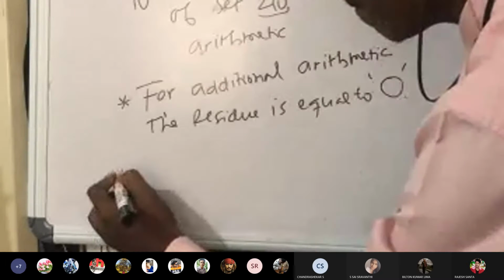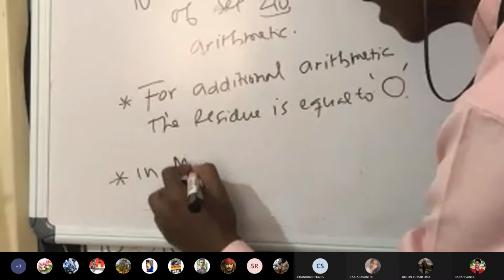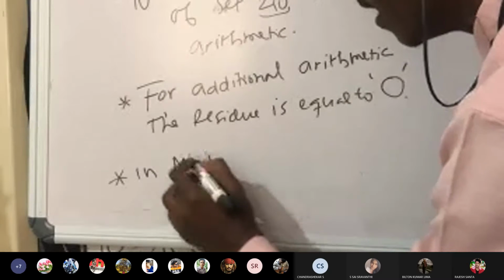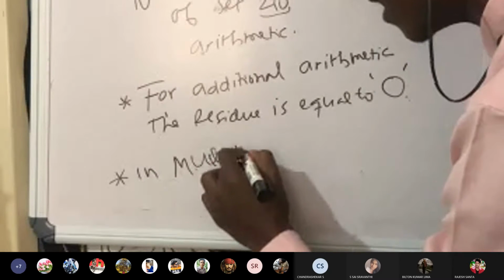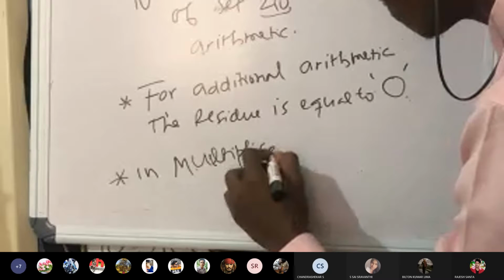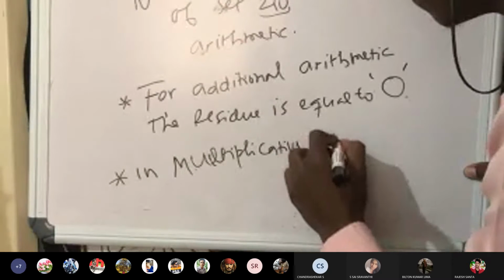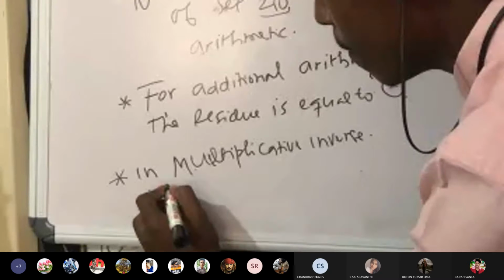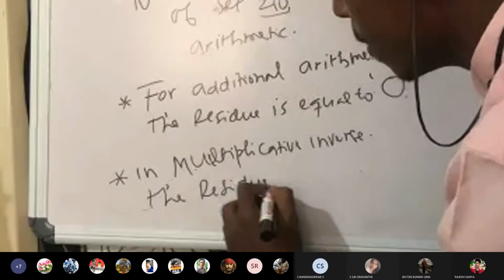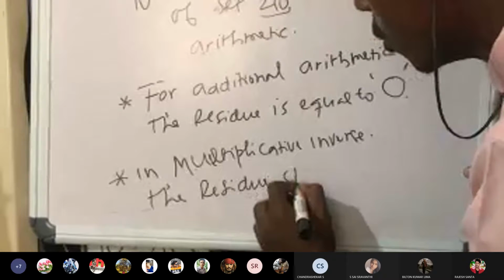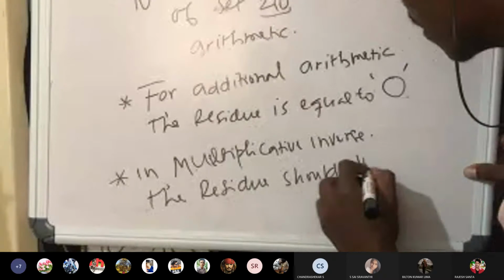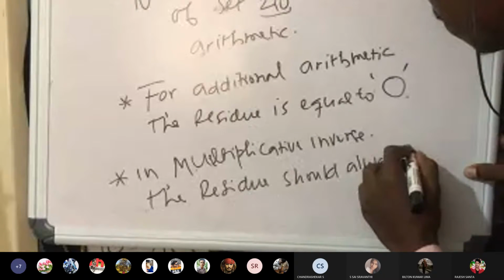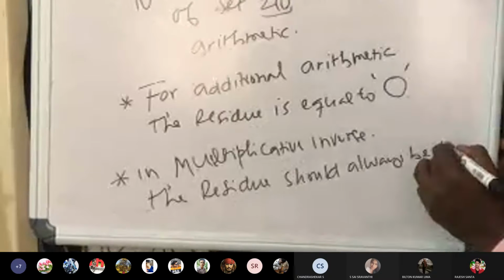Whereas in multiplicative inverse, the residue should always be 1.